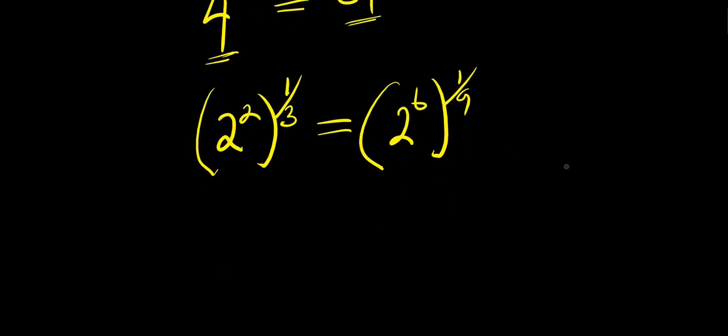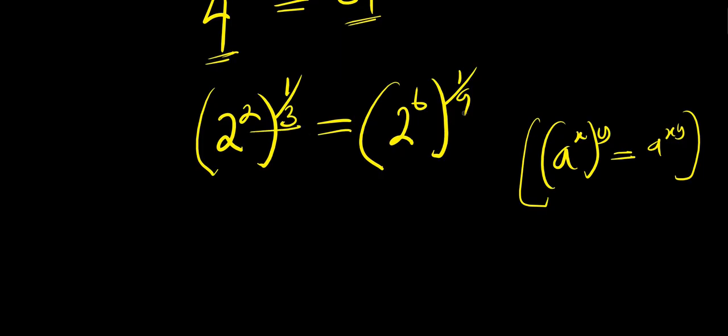And if you have a power x power y equals a power x times y, multiplying this and multiplying this, we have 2 power, this is 2 over 3, equals 2 power 6 over 9.